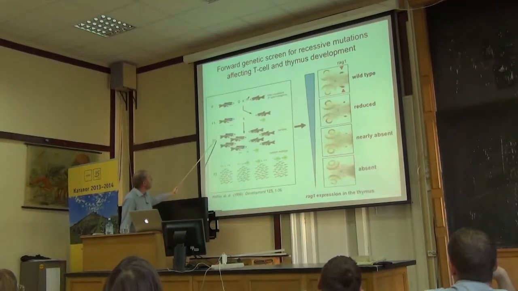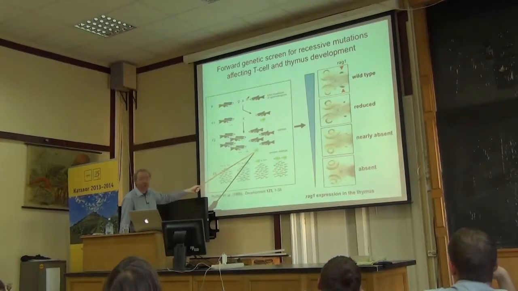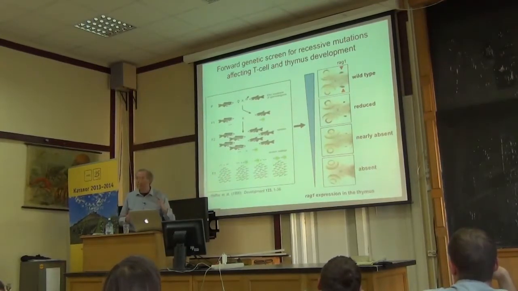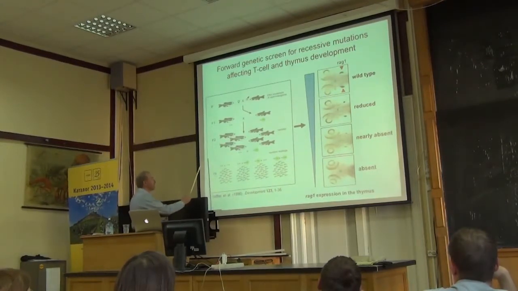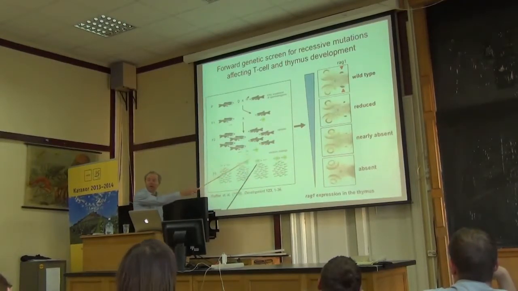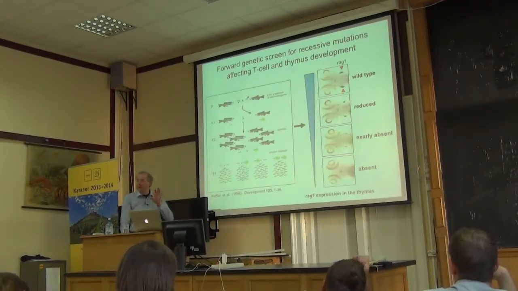Then in the F2 generation, you generate fish that are heterozygous for a particular type of mutation, and then you do random matings. And then you can start imagining, because we have lots of genes in the genome, and not all mutations, of course, are deleterious, so this is a major undertaking here. And it took us about 10 years to generate about 50 complementation groups that have a desired phenotype, that is, not properly developing T cells and thymus.